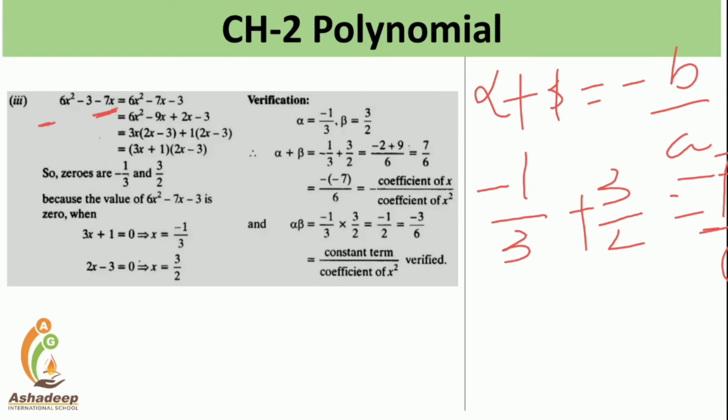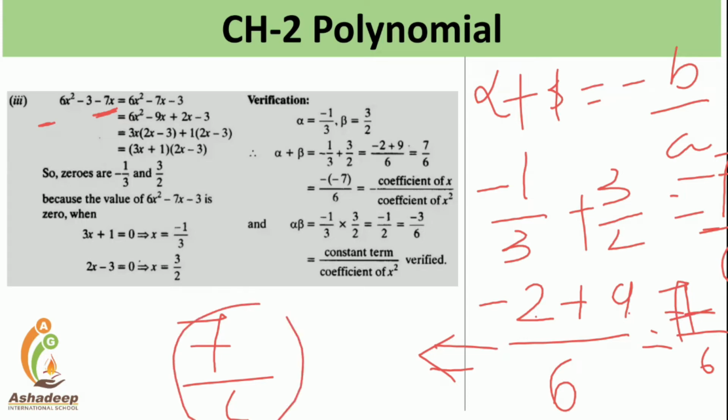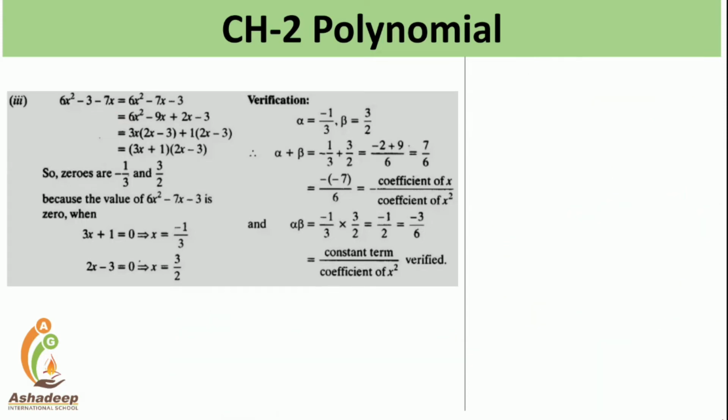Right, the same answer here. 2 ones are 2, so minus 2 plus 9 divided by 3 twos are 6, is equal to minus 7 by 6. 9 minus 2 becomes 7 by 6. So this is 7 upon 6 and 7 upon 6. So both the answers are correct and equal. So the sum is correct.